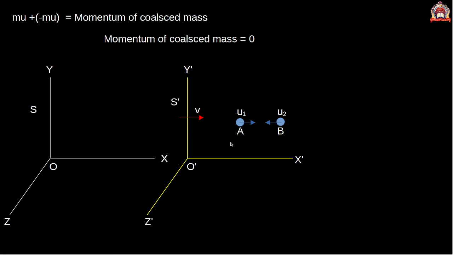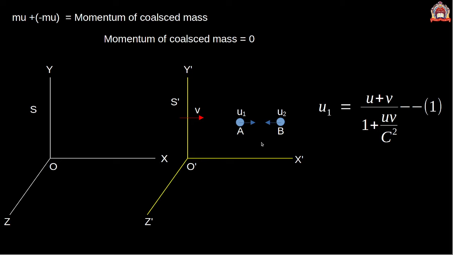Now let us consider the collision with reference to the frame S. Let u1 and u2 be the two velocities of the balls relative to S. So u1 is equal to u plus v divided by 1 plus uv by c square.